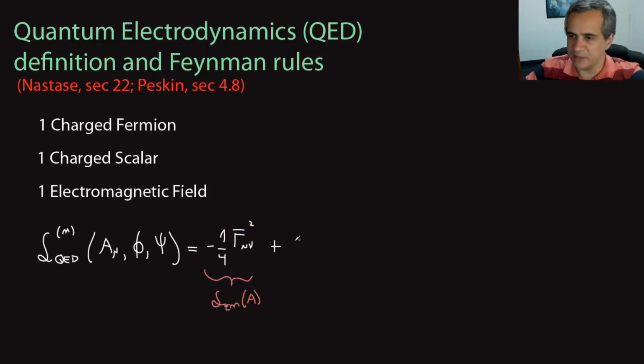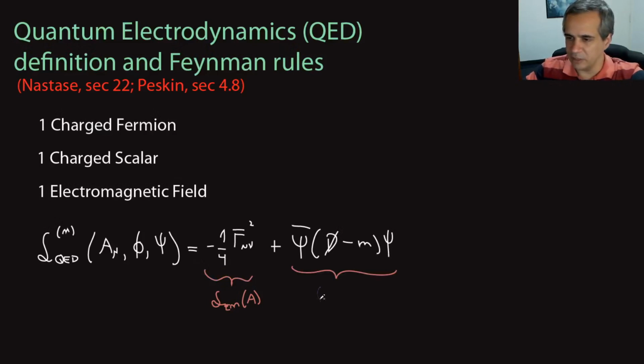Then I have a piece that is this one, which looks a lot like what gave us the Dirac equation, but now with this derivative.